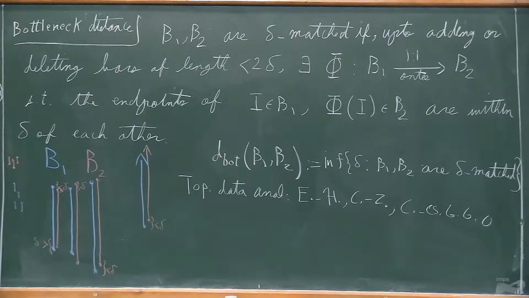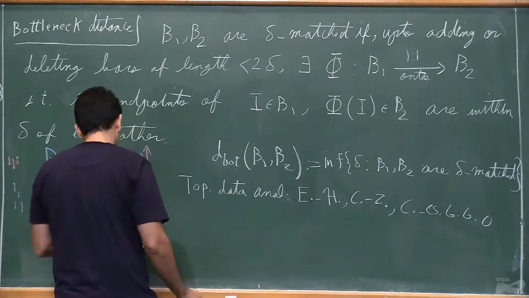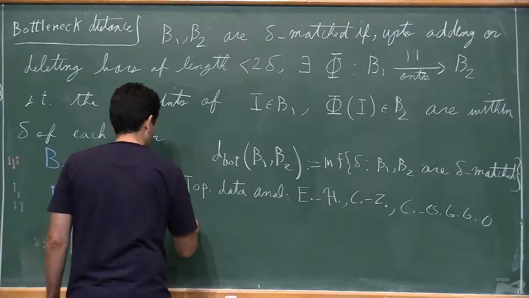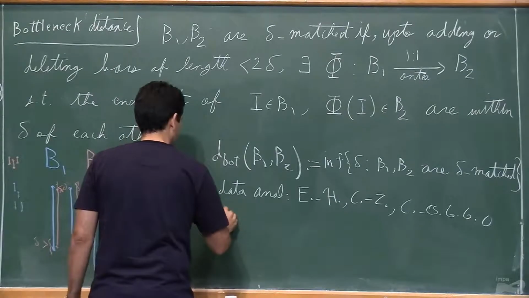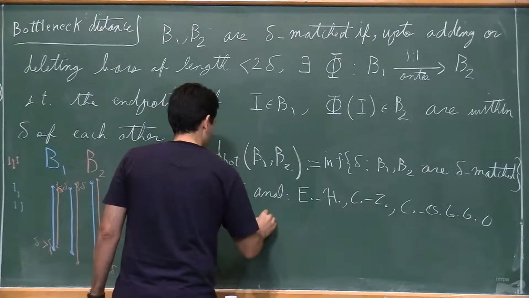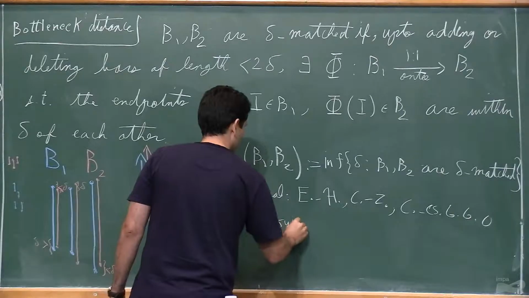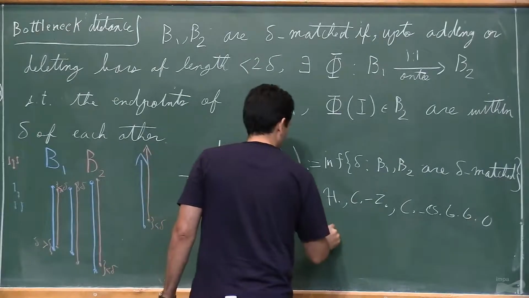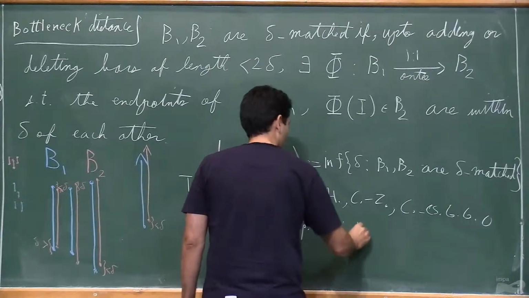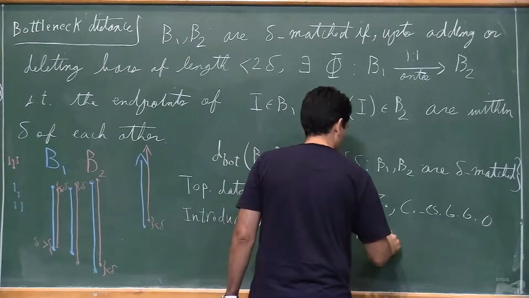I'm not too familiar with the topological data analysis picture, but in symplectic topology, these notions were introduced to our field in a very nice paper by Polterovich and Shelukhin back in, I think, 2014 or 15.